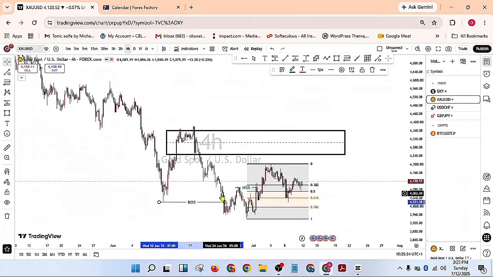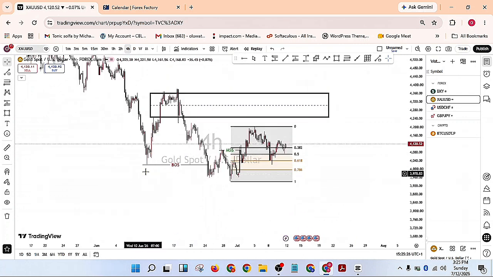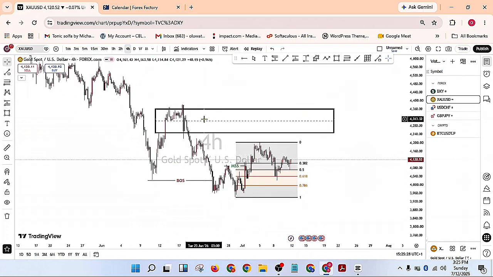I said it. That means it has broken structure to the downside. Are you getting it? And this is the high that caused the break of structure. So that makes this high very strong. So if I want to sell, I'll be selling from here.